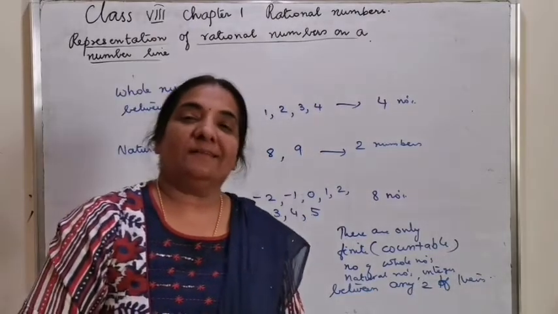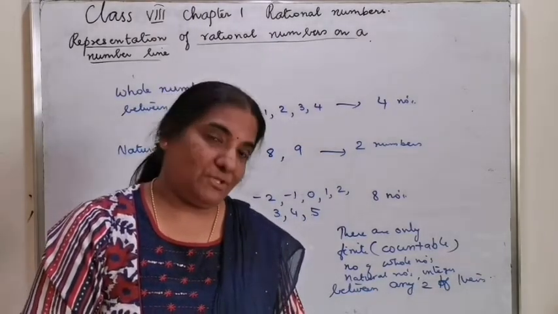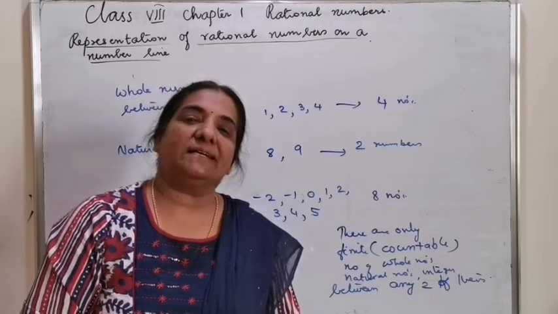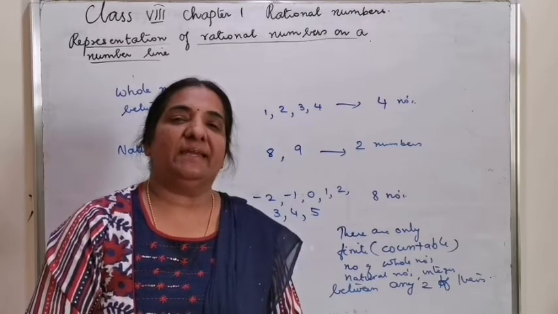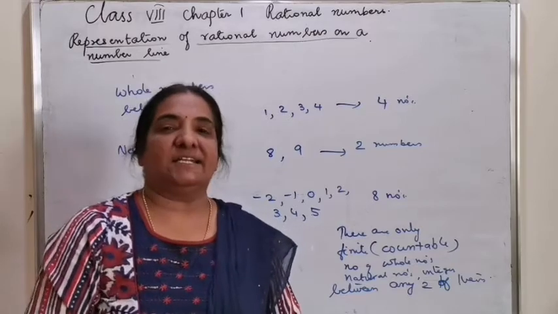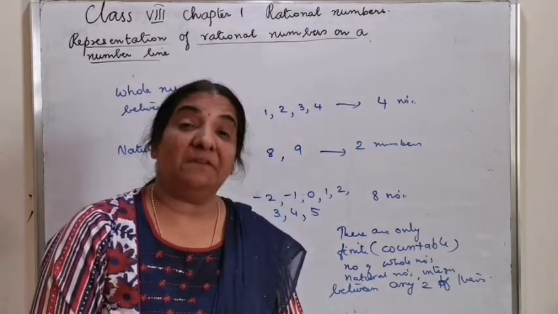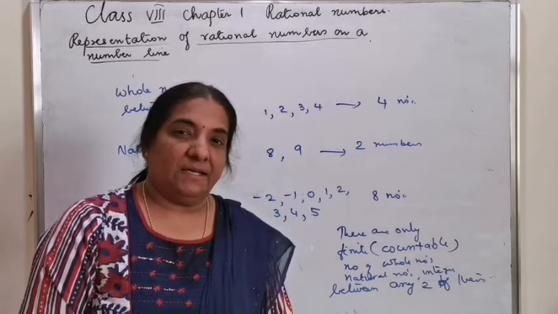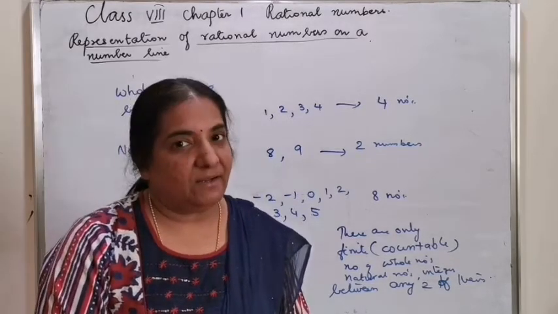Now, let's come to the position of rational numbers. So, your topic under consideration is between any 2 rational numbers, how many rational numbers you can find. Let's go in detail with that.